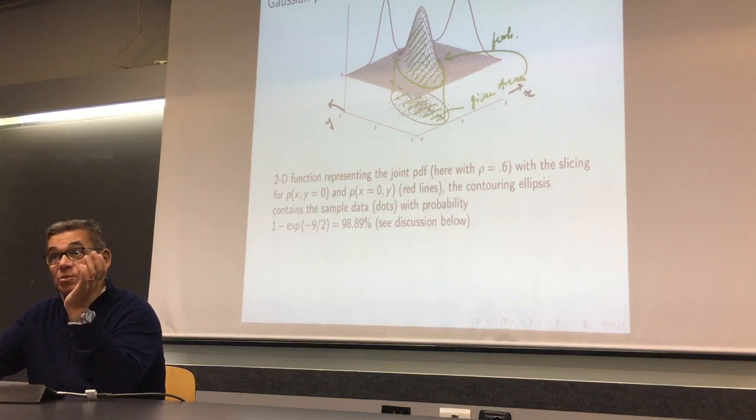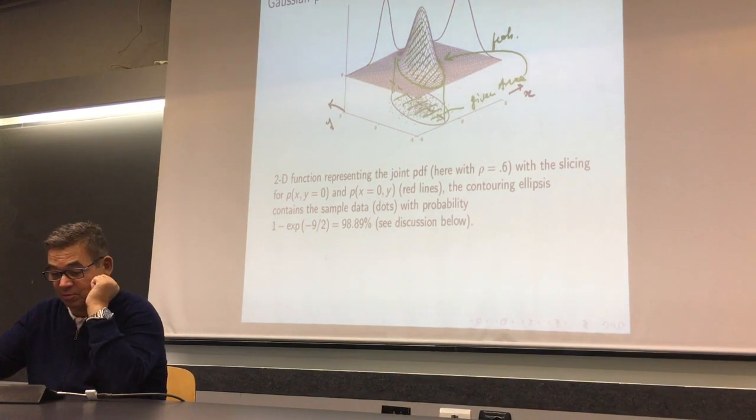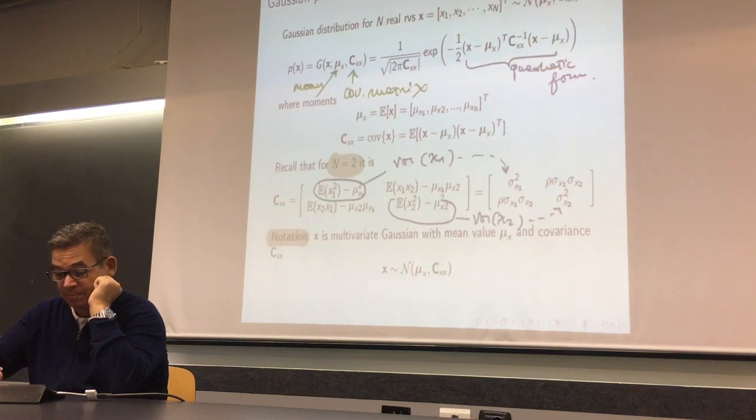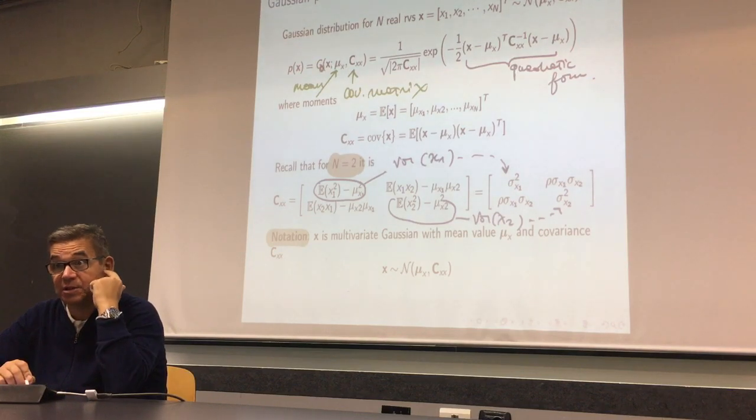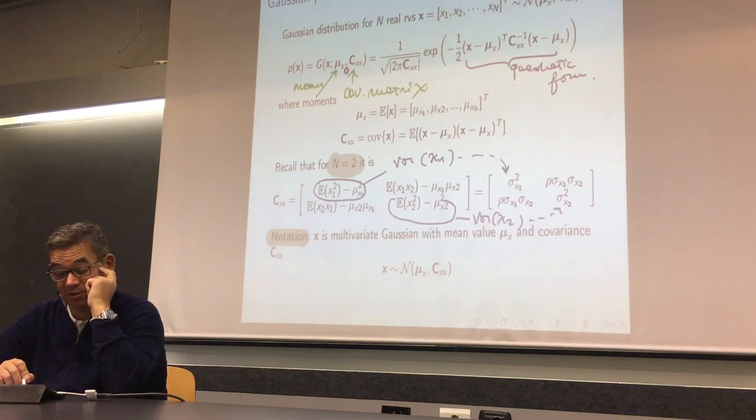If it is more than two, it's complicated to have a picture of that. Anyway, we say this is g of x, meaning it's Gaussian on the variable x, and then mu x and C_XX are the mean and covariance. Mean is the first moment, covariance is the second central moment.